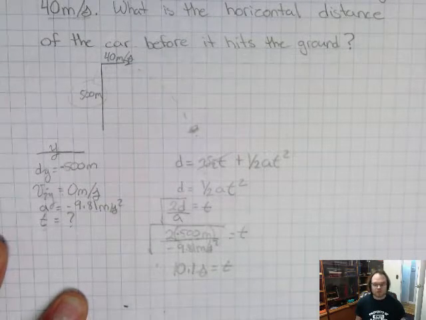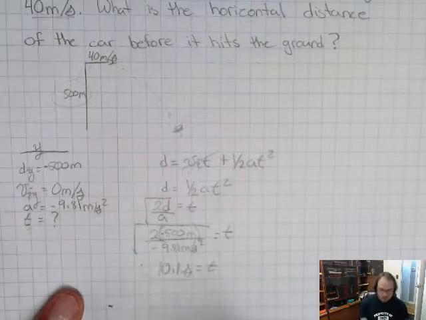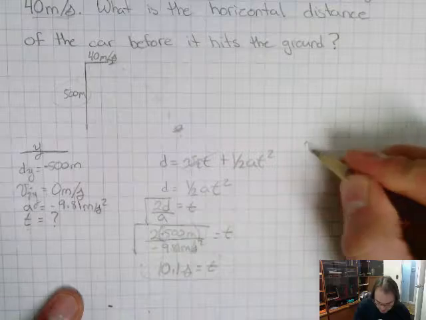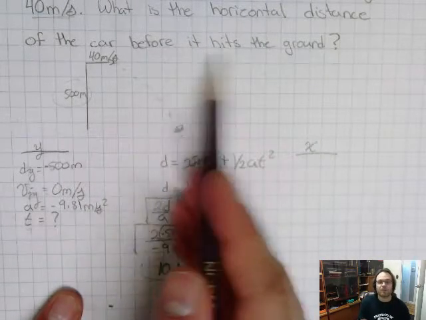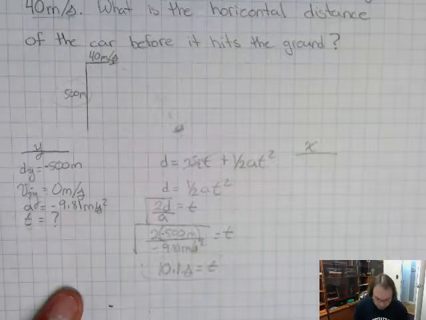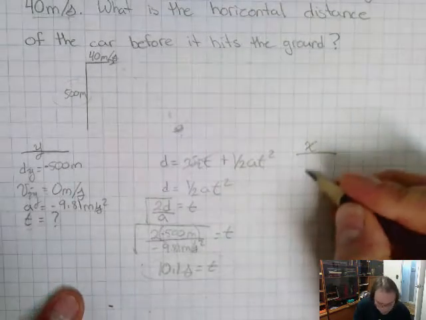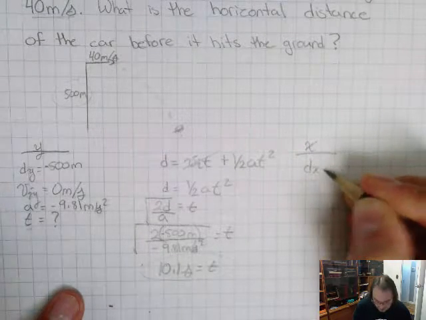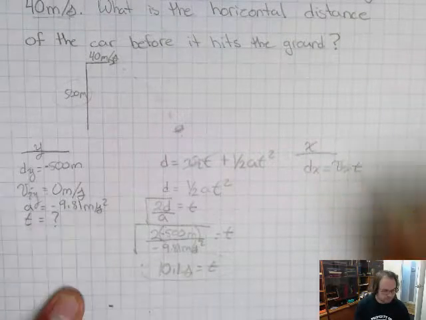So now let's look at my x. Now that we have my time from using my y, we can look at my x vectors to find what my whole question wants, the distance before it hits the ground. We know distance is equal to my velocity multiplied by time.